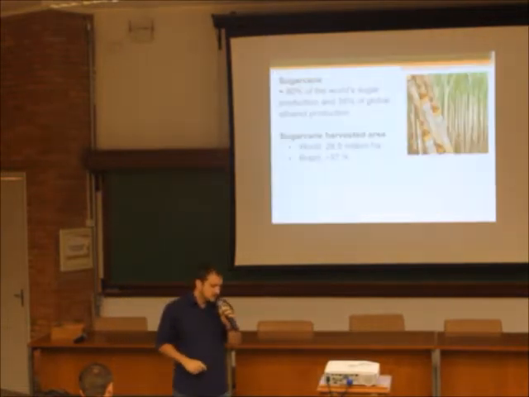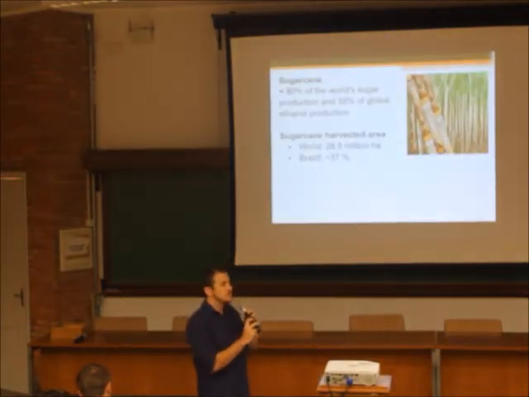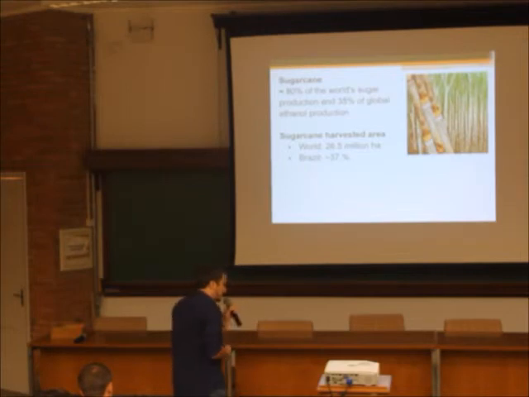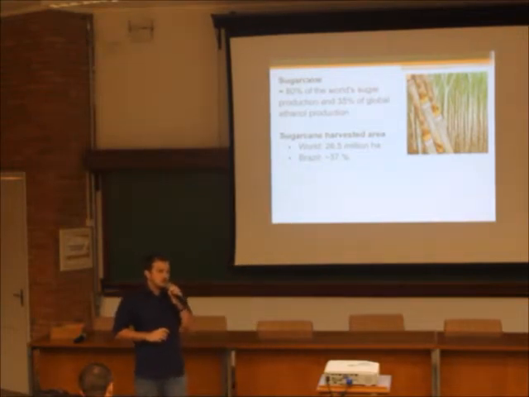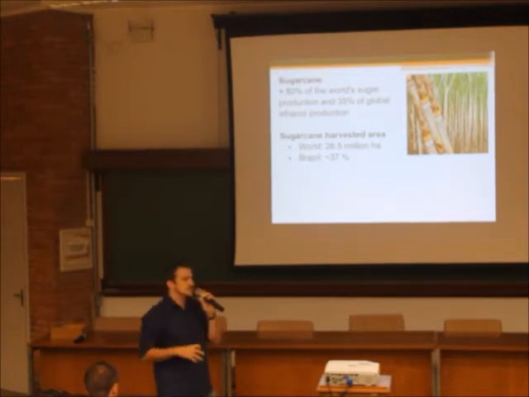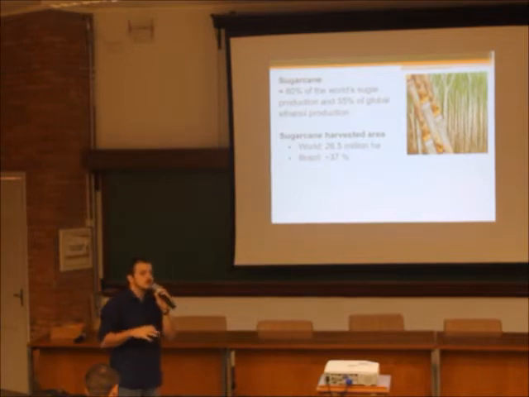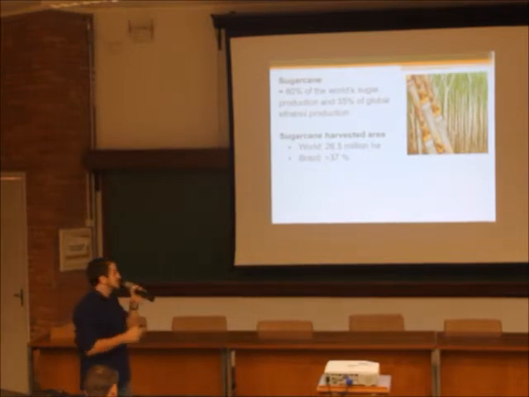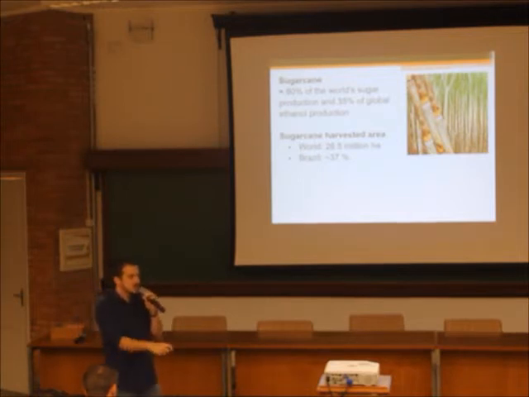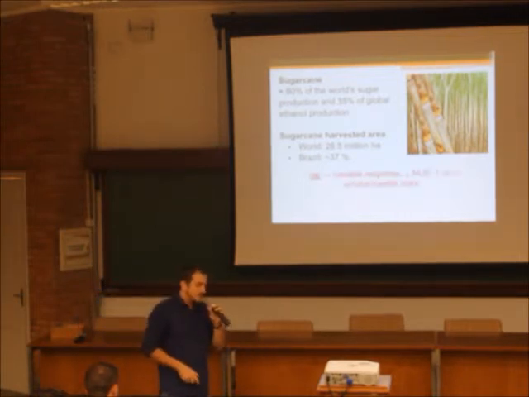Now sugarcane. We chose to work with sugarcane because it's a really important crop to us, Brazil. Sugarcane is related to energy production and sugar production, and Brazil is the main producer of this commodity, with 35% of the harvest area.